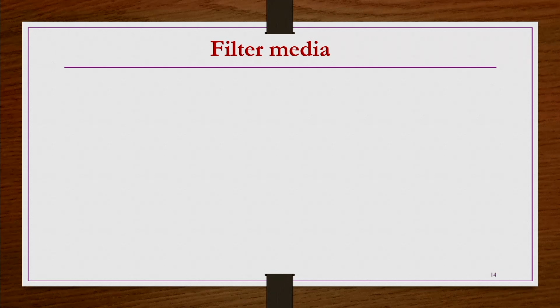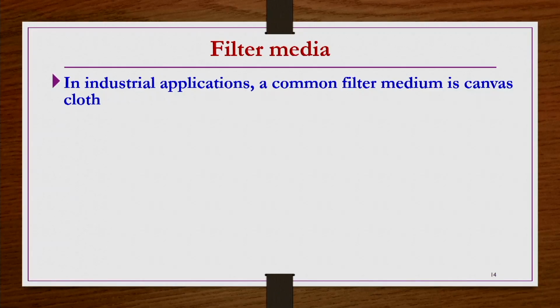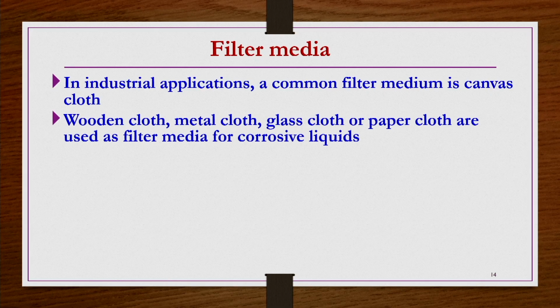For most industrial applications, a common filter medium is canvas cloth. But if the slurry is corrosive, or the liquid you are treating for separation of solids is corrosive, then in general woolen cloth, metal cloth, glass cloth or paper cloths are used as filter medium for such corrosive liquids.